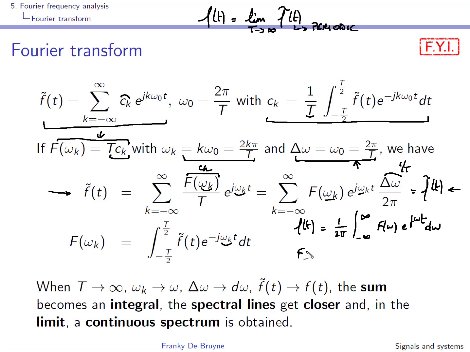And here F of omega, the Fourier transform, is the integral from minus infinity to infinity of f of t exponential of minus j omega t dt. So this is the Fourier transform, and this is the inverse Fourier transform.